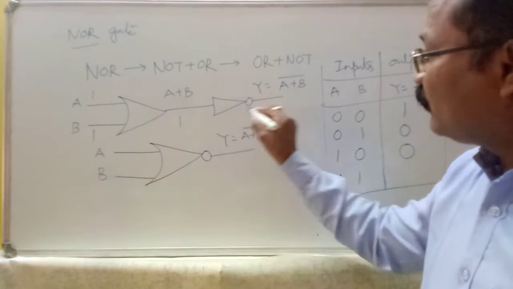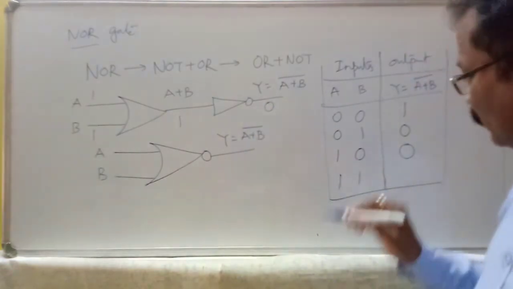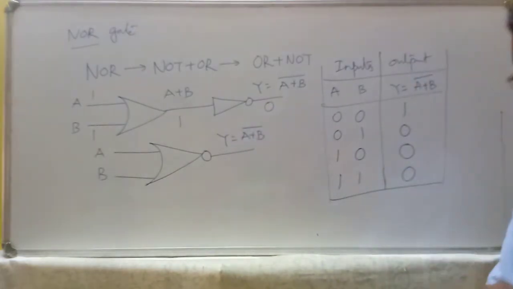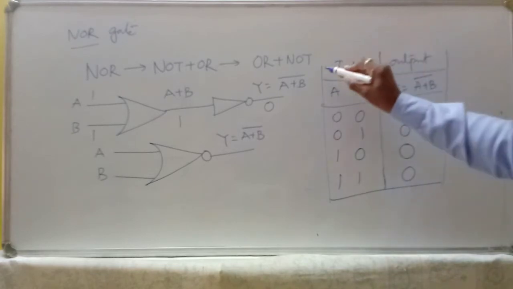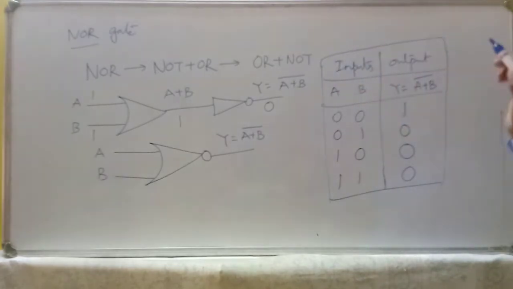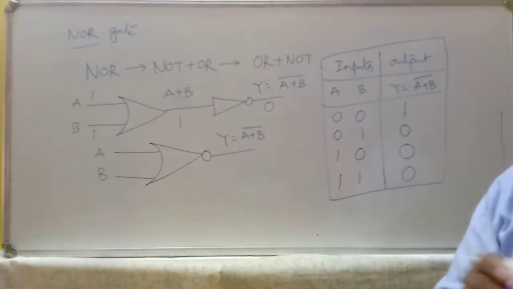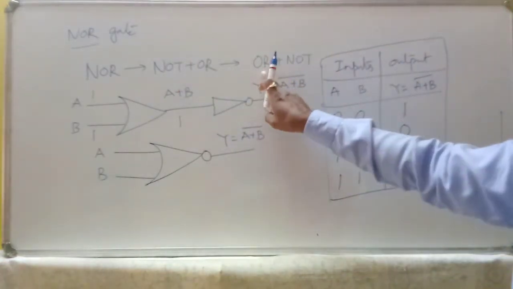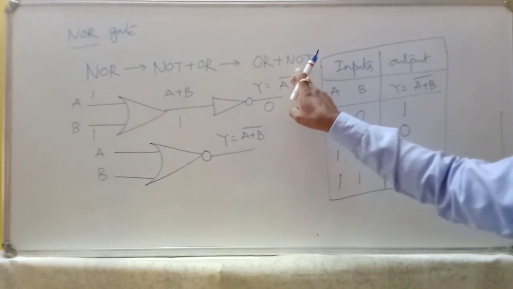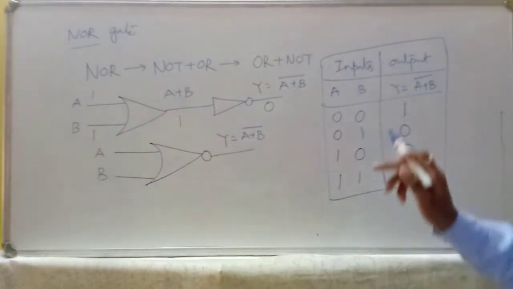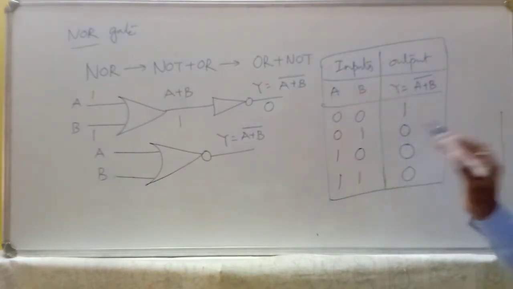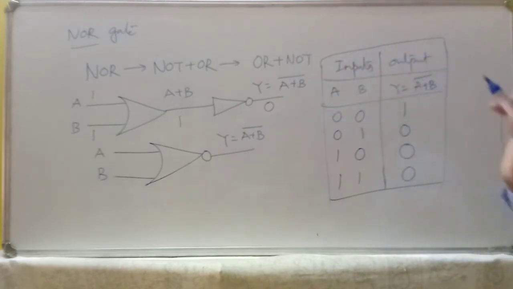The complement of this 1 is 0. Hence the output is 0. So this NOR gate is the inversion of the OR gate. It is a combination of OR plus NOT.